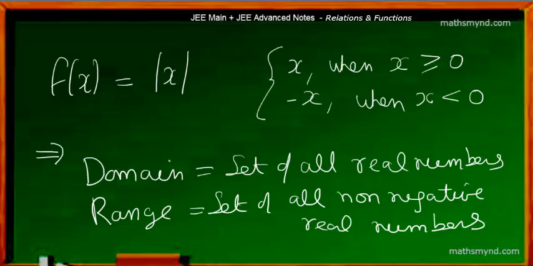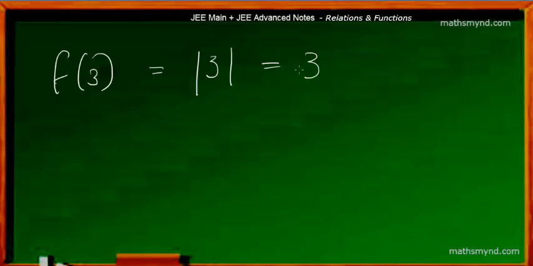So it simply means that f of 3 will be 3. That is, the absolute value of 3 is 3 itself. And f of -3, as I already told you, the absolute value of -3: we are looking at the actual distance.